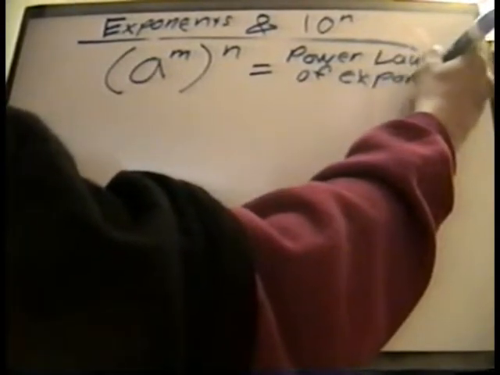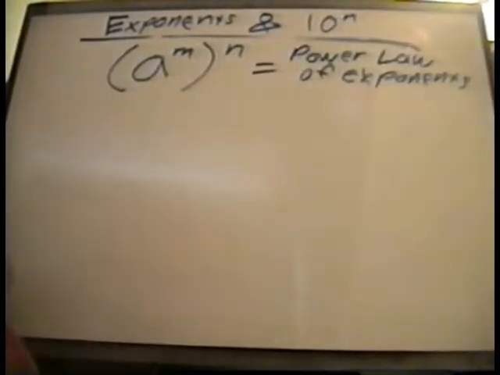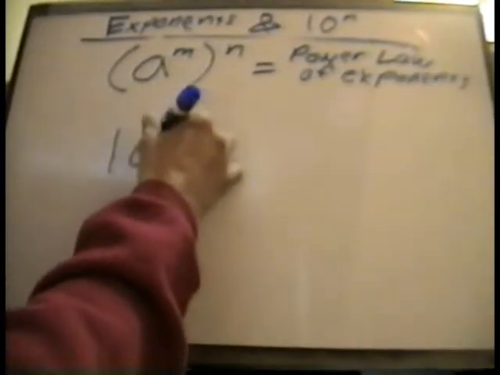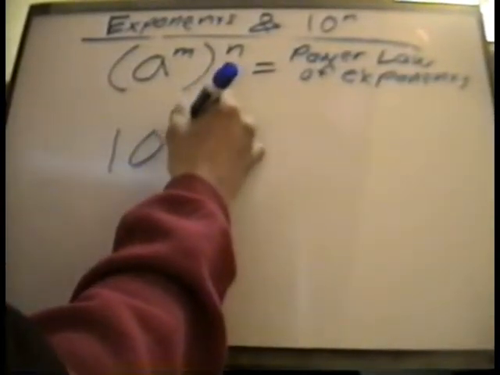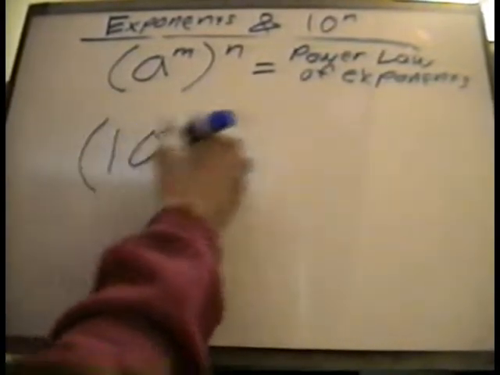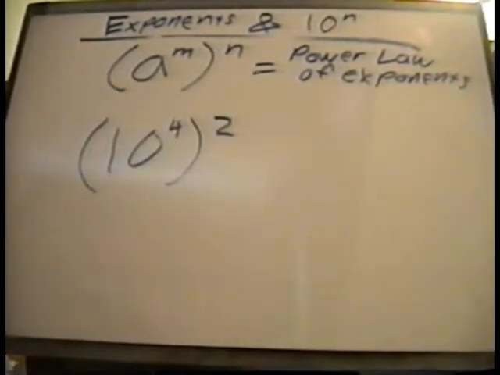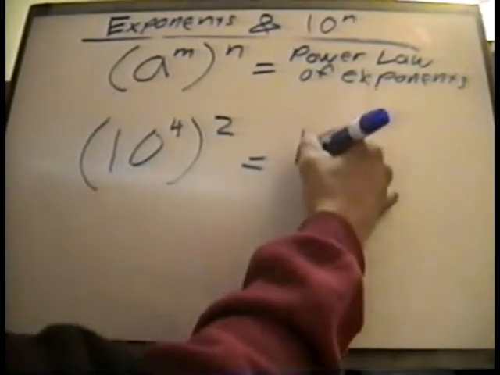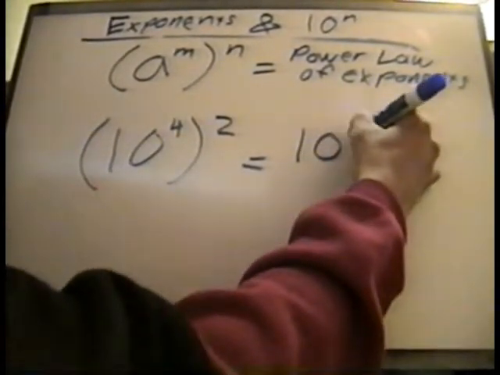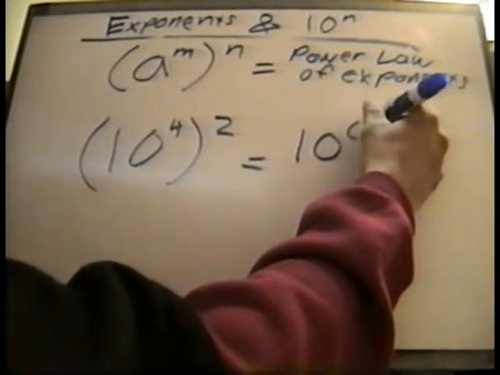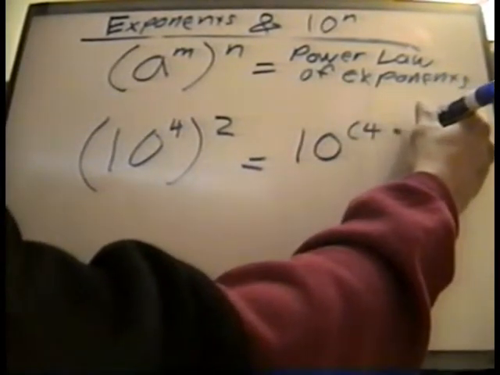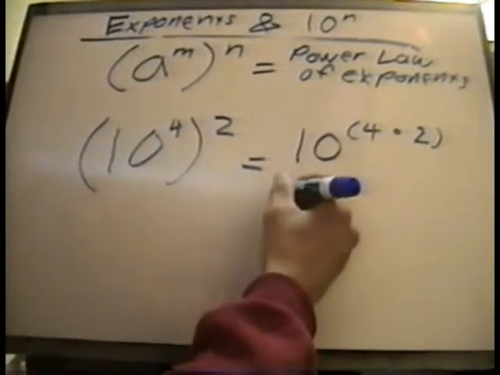Let's say we have 10 taken to the power of 4, also taken to the power of 2. That's going to give us 10 to the power of 4 times 2, which equals 10 to the power of 8.